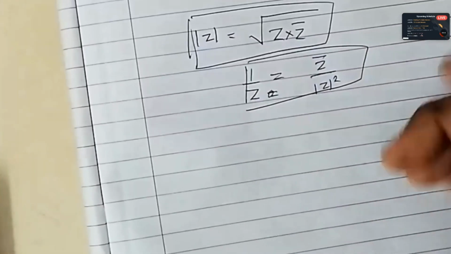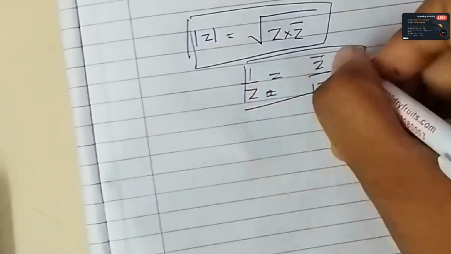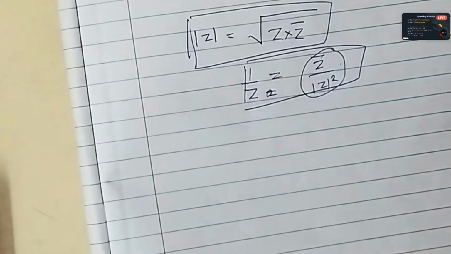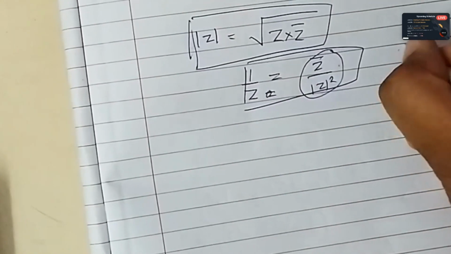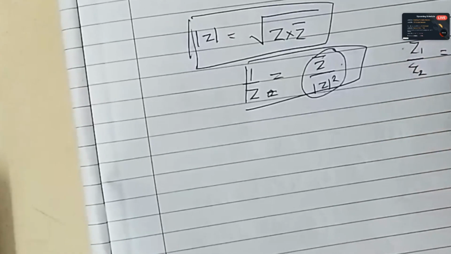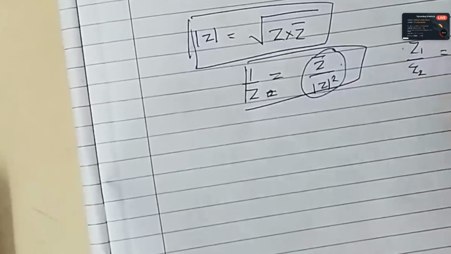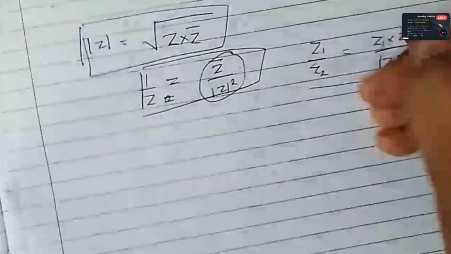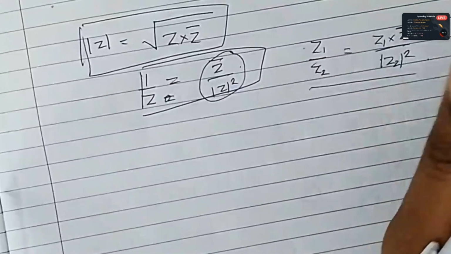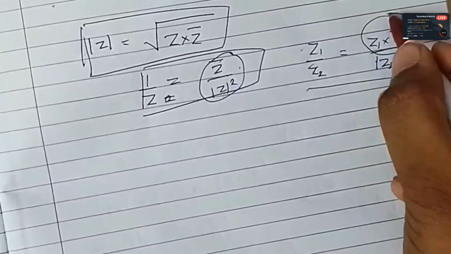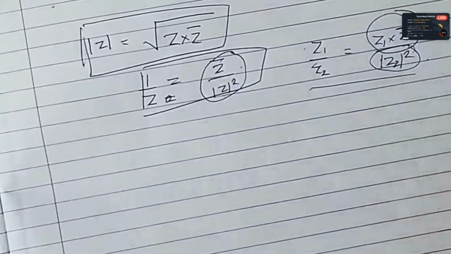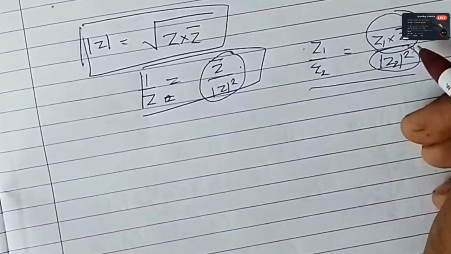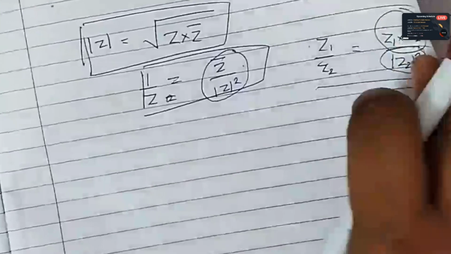This is the way we find the reciprocal of numbers. So in division, you find the reciprocal of the second number and then multiply it with the first. So for z1 by z2, we do z1 into z2 conjugate upon mod of z2 squared. This is the complex multiplication we can do, and this is just a real number division of the overall term.